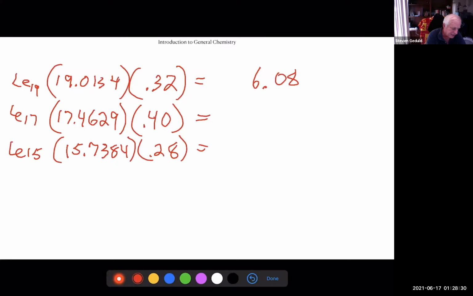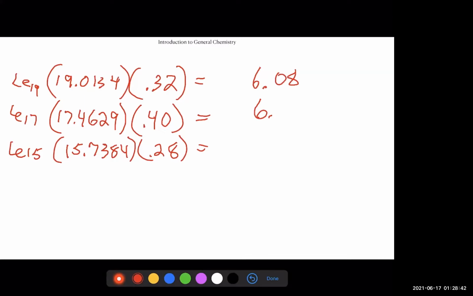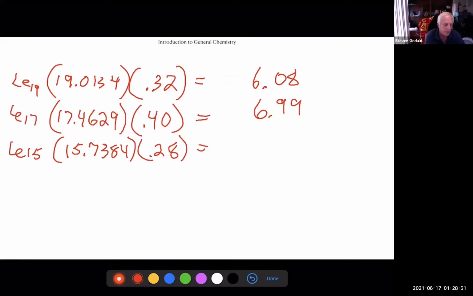And Le17 is 17.4629 times 0.4, which is 6.98516, so 6.99, round it up. And what's the other one? 15.7384 times 0.28 is 4.41.